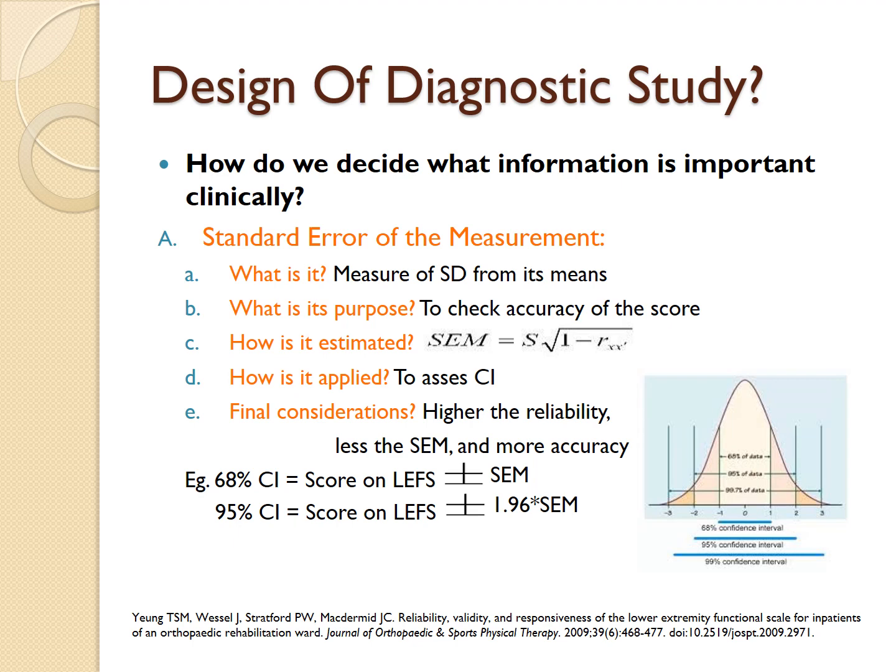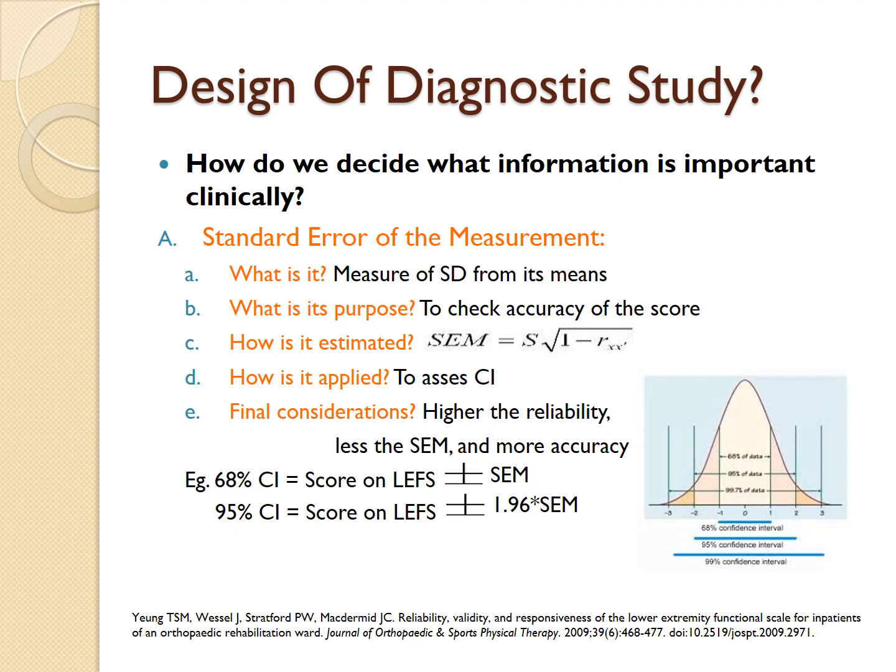How is it applied? It helps to calculate the confidence interval. Remember, we discussed that a 68% confidence interval would be one standard deviation to the left of the mean and one standard deviation to the right.